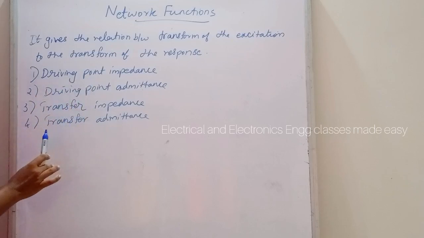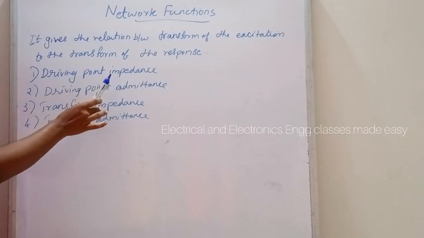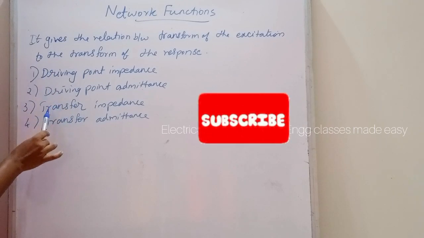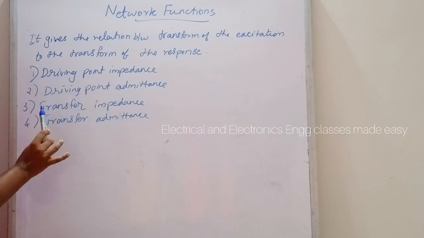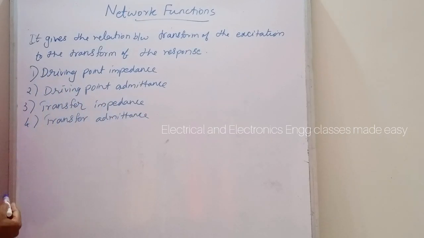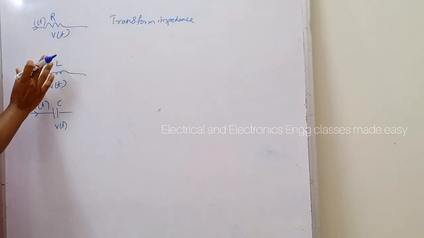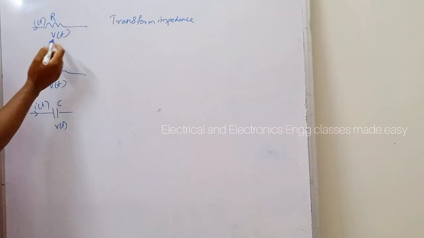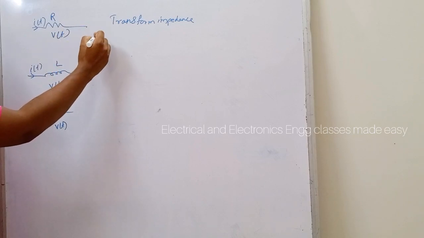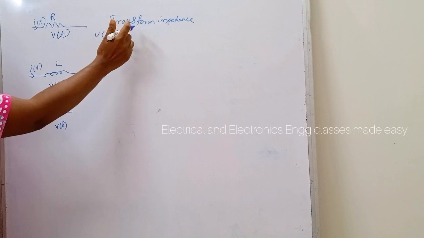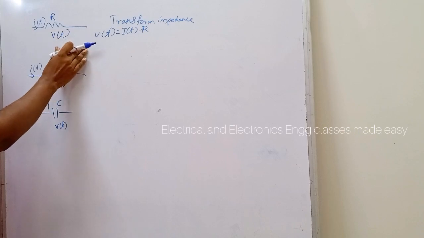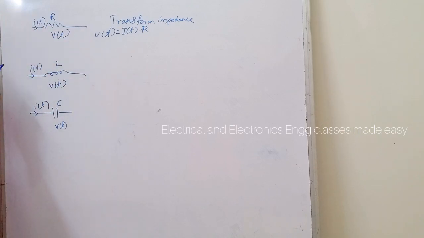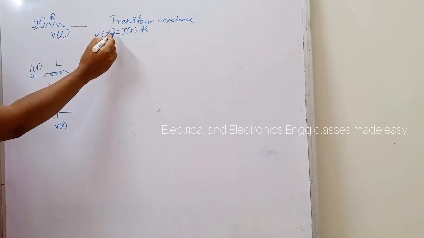And there are some relationships between these ratios, and they are called the network functions: driving point impedance, driving point admittance, transfer impedance and transfer admittance. In the case of a resistor, we have v of t equal to i of t into R, and here we take the Laplace transform.